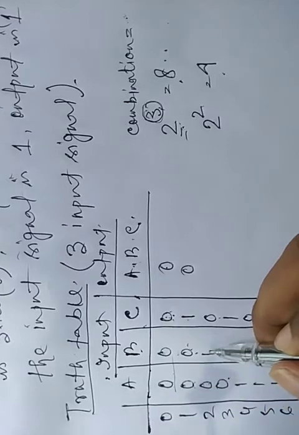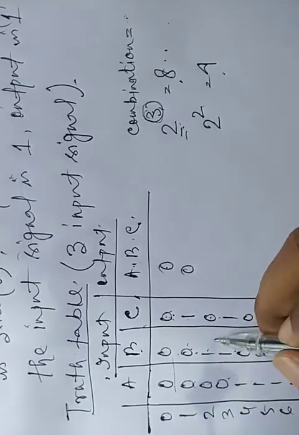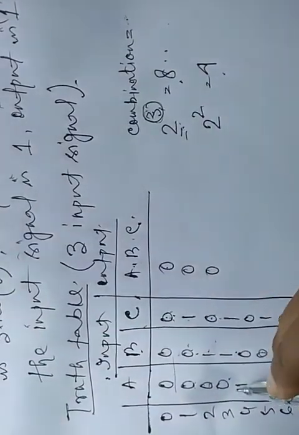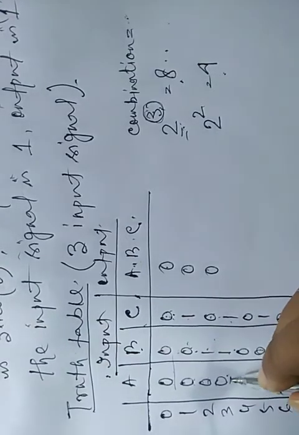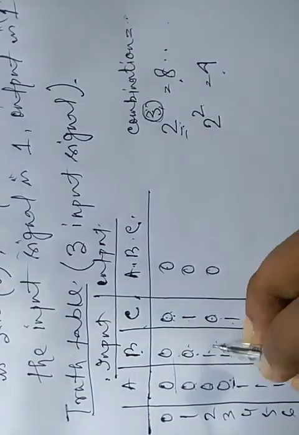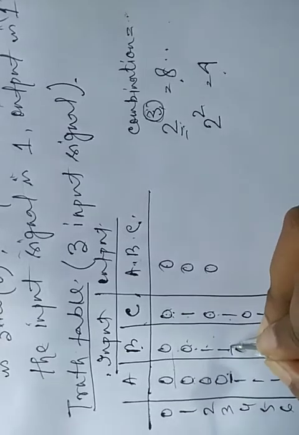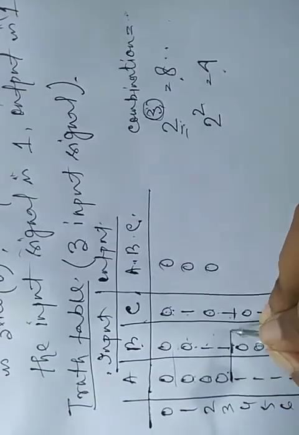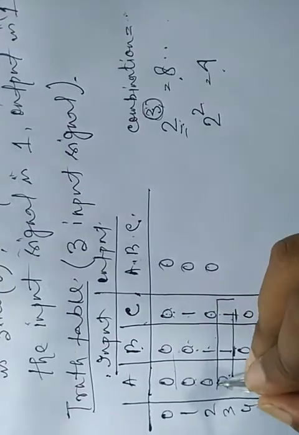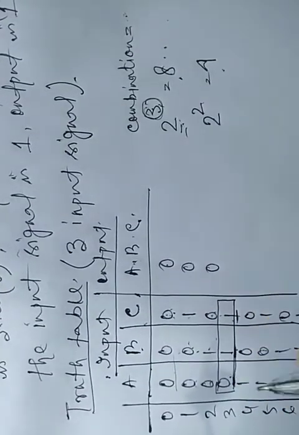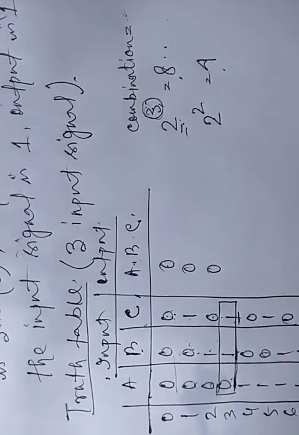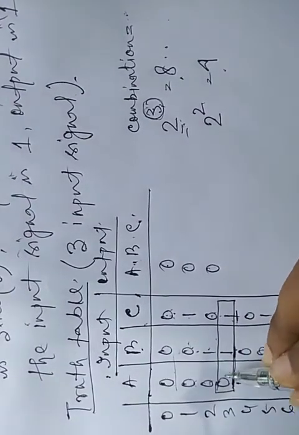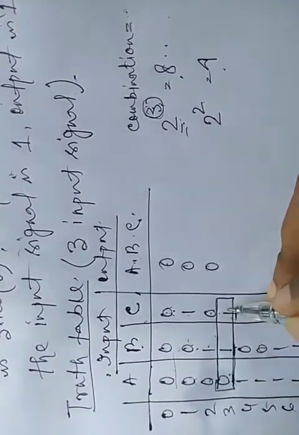Here 0 1 0, two input signals are 0, output is 0. Here 0 1 1, a 0 is there. So we have to consider the three values in one line, because these are the input values at a time. We have to consider all the three values at a time.